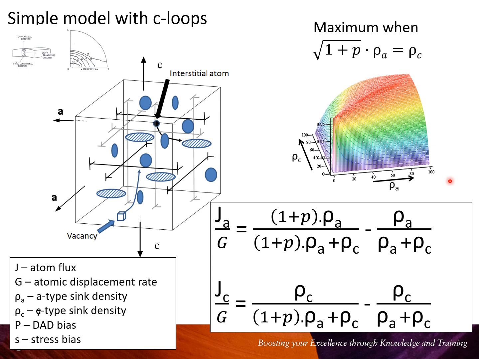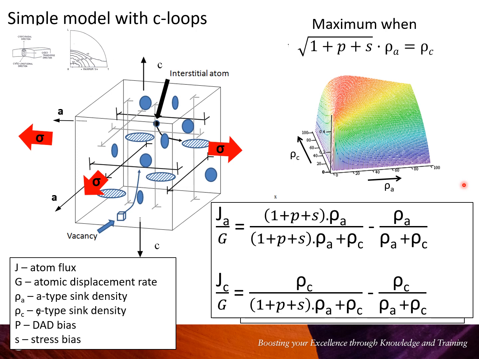Tons of work over a 50-year period about biases and interactions with dislocations and point defects. You just have to accept for now, if I tell you there is a bias, one can assign a bias to different types of defects, and that just gives you an idea of how readily that defect is going to absorb one different point defect. And then if we apply a stress, we change the bias.